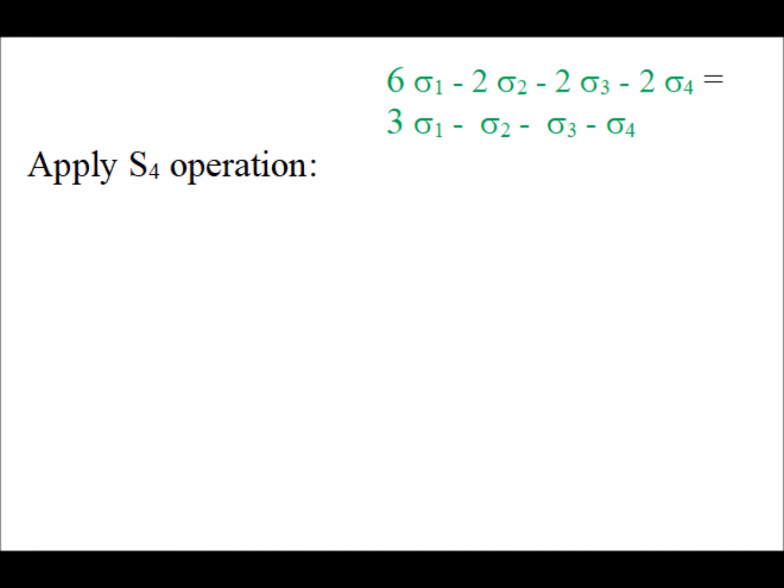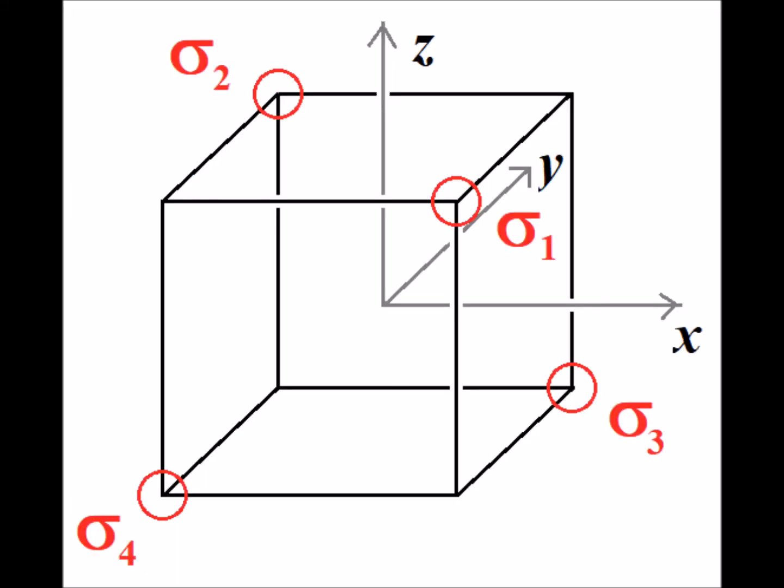The effect on minus sigma 2 is minus 1 times the effect on sigma 2, and so on. We could use any of the S4 operations, but I'm going to use the one around the z-axis.